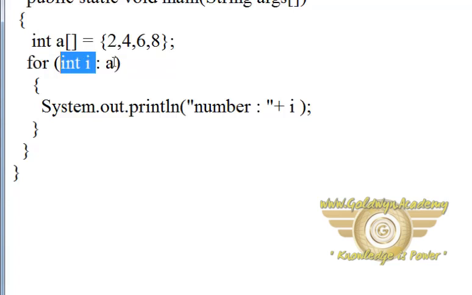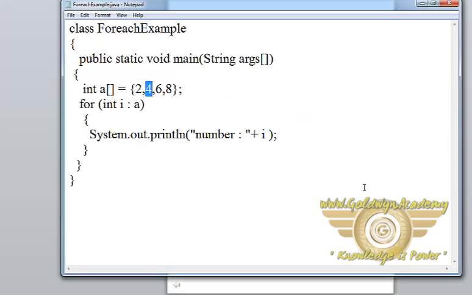In each loop, A's value will be assigned to integer variable I. In the first loop, value 2 is assigned to integer variable I. In the second loop, value 4 is assigned to integer variable I. And this loop will be terminated when all the values of the array are assigned to integer variable I.